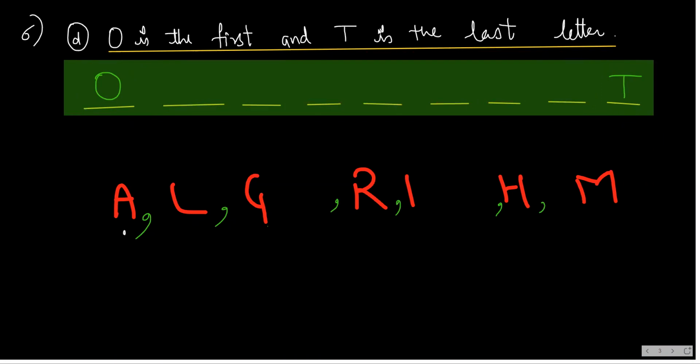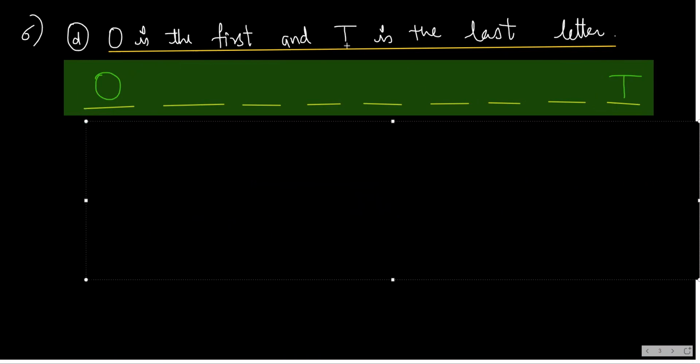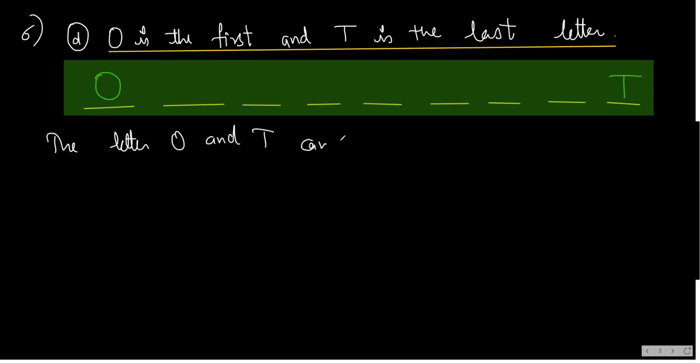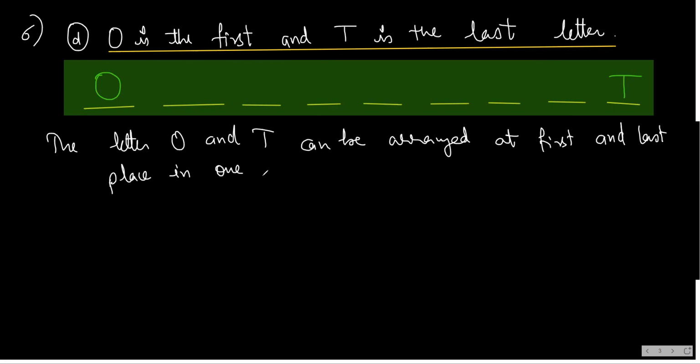So here I'll write, see how do I write the answer? The letters O and T can be arranged at first and last place in one way each.